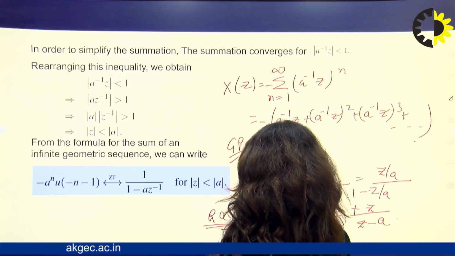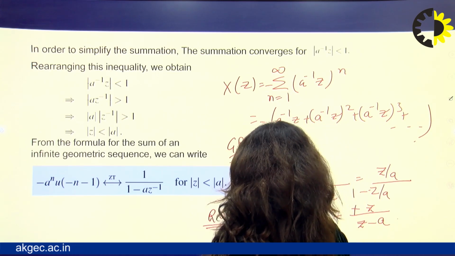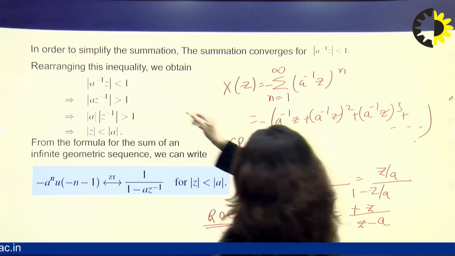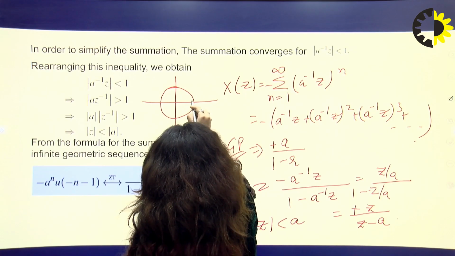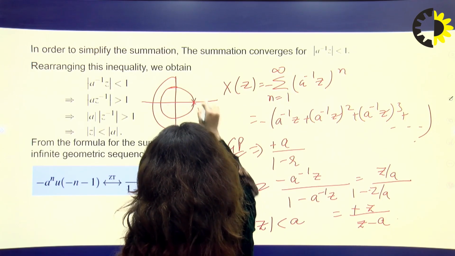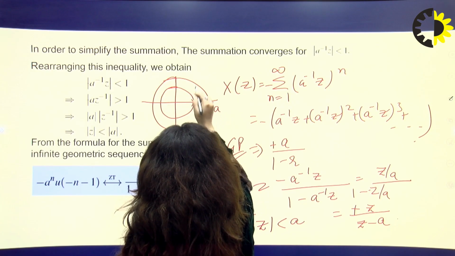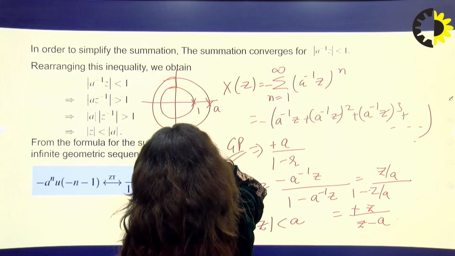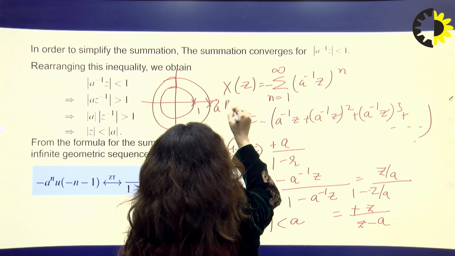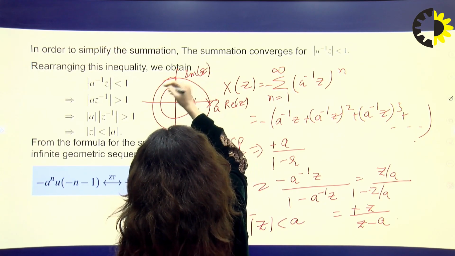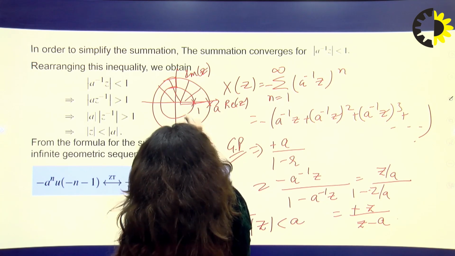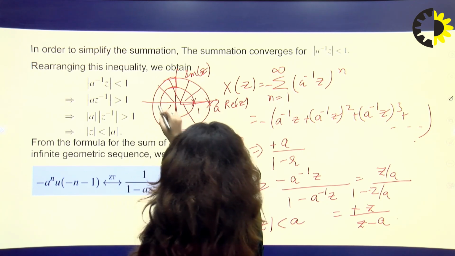So the ROC is, because it's a left sided sequence, mod z less than a. When you draw the ROC, suppose this is 1 and a is greater than 1, this is real of z and this is imaginary of z. The inside of the circle with radius a is the ROC here.